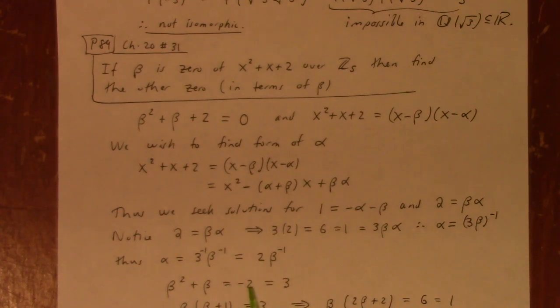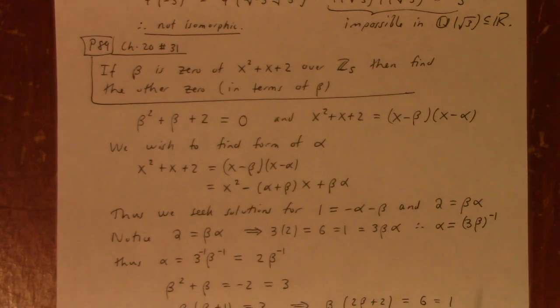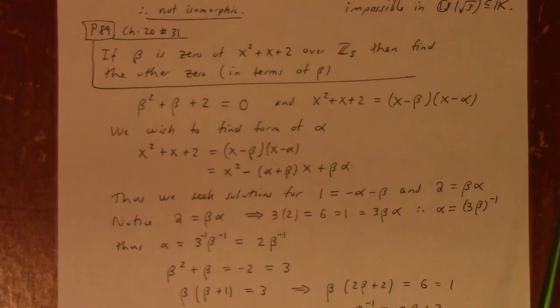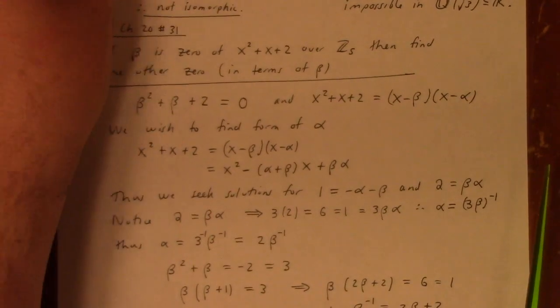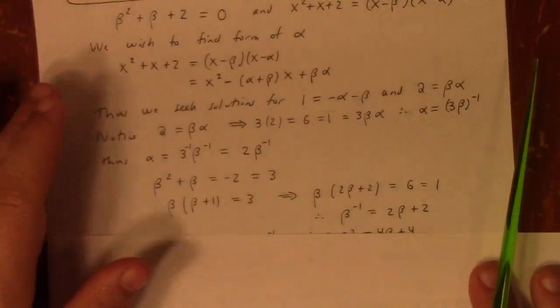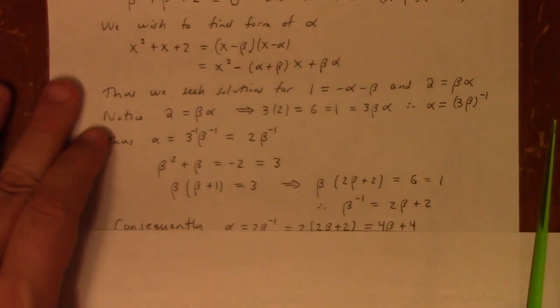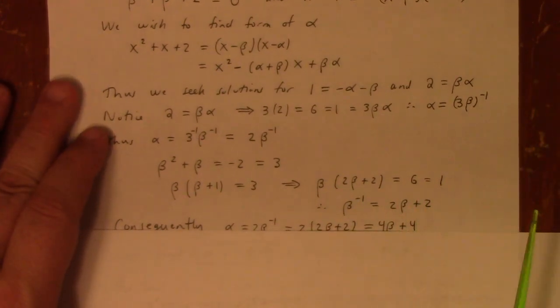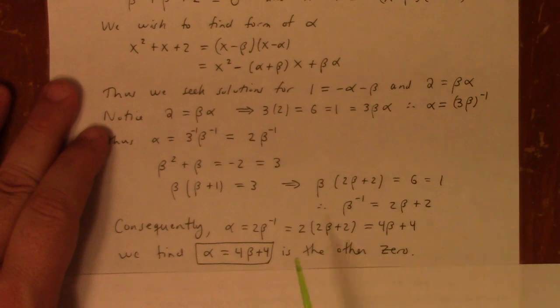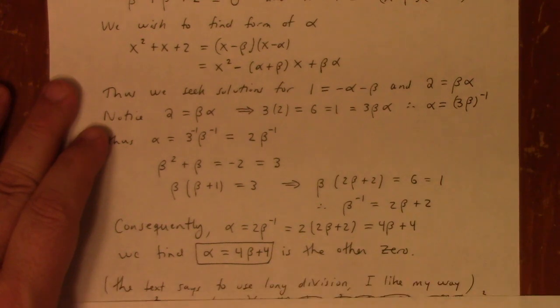Well, beta squared plus beta is equal to minus 2, which implies that beta times 2 beta plus 2 is equal to 1. All right, again, I'm working mod 5. And as such, I have beta inverse is in fact 2 beta plus 2, so consequently, alpha equals 2 beta inverse is actually alpha equals 4 beta plus 4. That's the other 0. So there you have it.